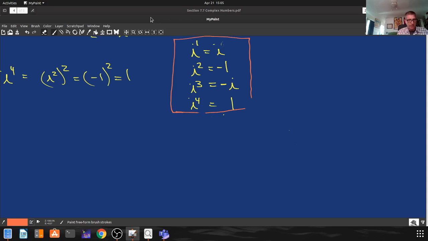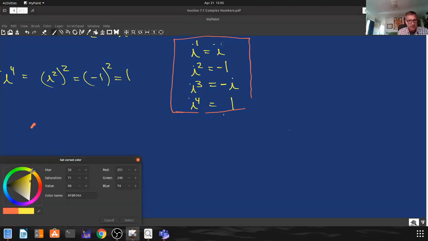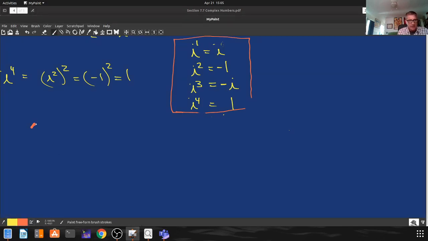So what we want to do is find powers of I. So this is example 6A. And what we want to do is simplify powers of I. So I to the seventh.